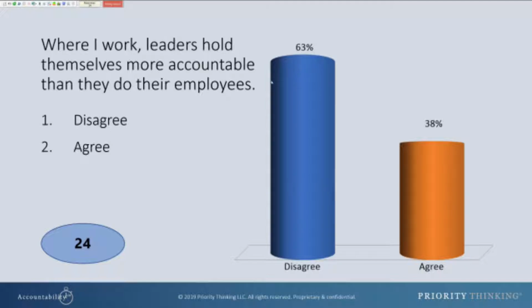And I think you can see a pretty big shift occurred there. 38% agree, 63% disagree. So I often come across this kind of divergence of views around how leaders see themselves versus their employees. And it's a challenge and a topic hopefully I'll be able to address today as we go through. So just resetting it back to the original responses we had, which was a 50-50 split.